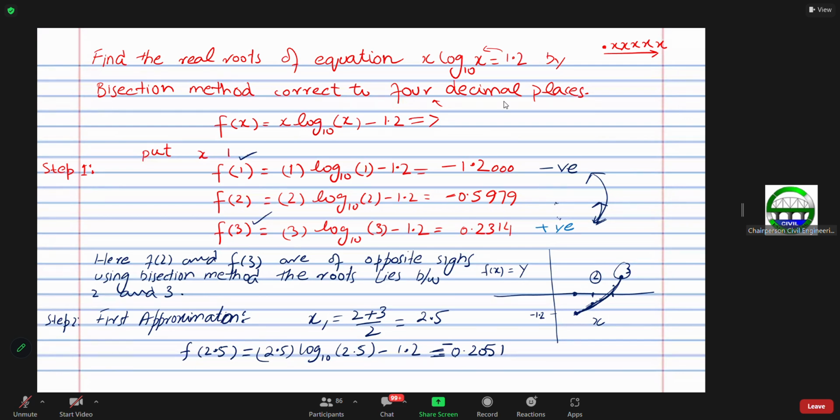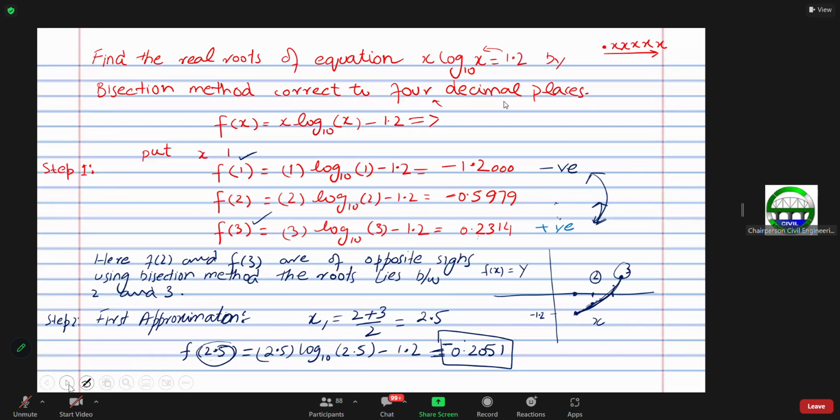Okay, so now we can say that f of 2.5 is negative and f of 3 is positive, right? So your value will lie between 2.5 and 3.